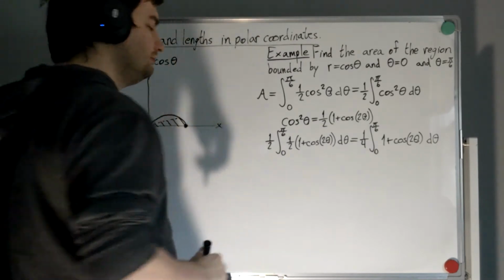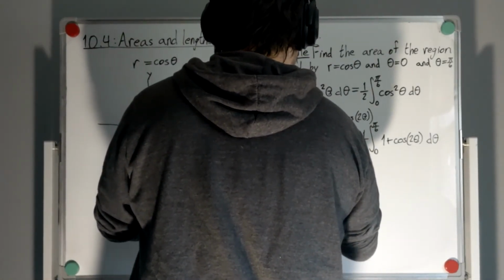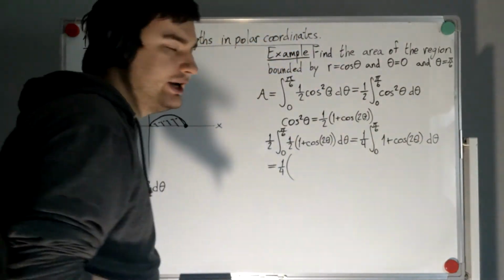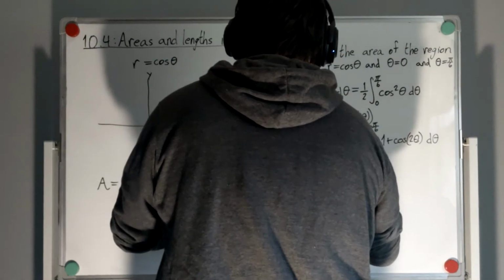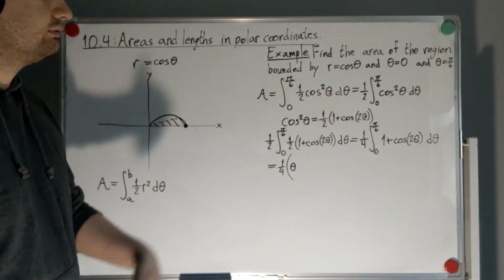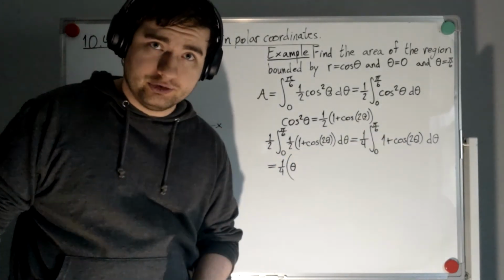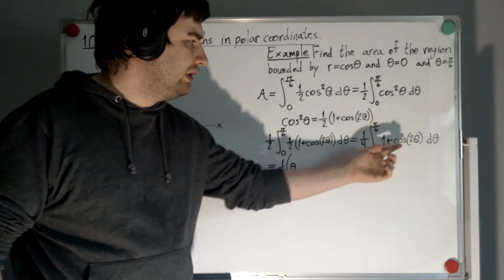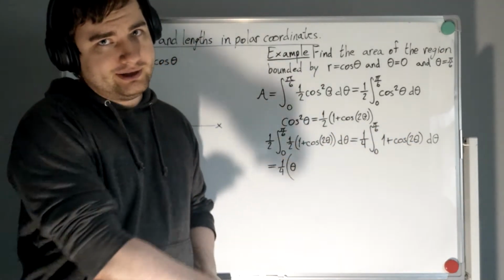All right, so now we do this antiderivative. This becomes 1/4 times, okay, first term is just going to be theta because it's the antiderivative of 1. The other one, well, strictly speaking, I suppose we really need to do a u substitution here. We really need to say u equals 2 theta, and then du becomes 1/2 d theta.